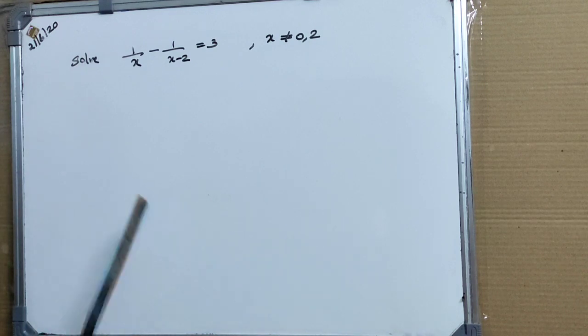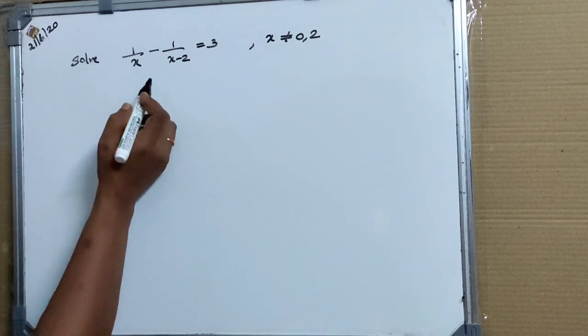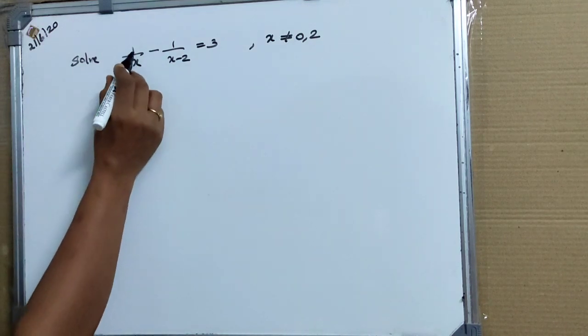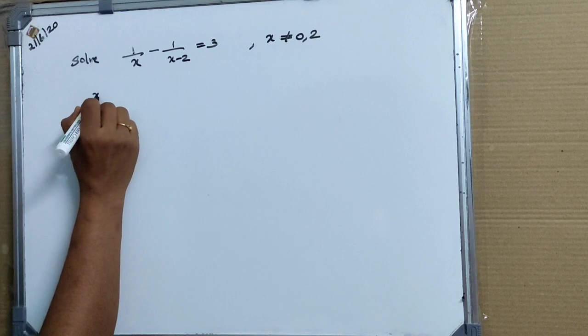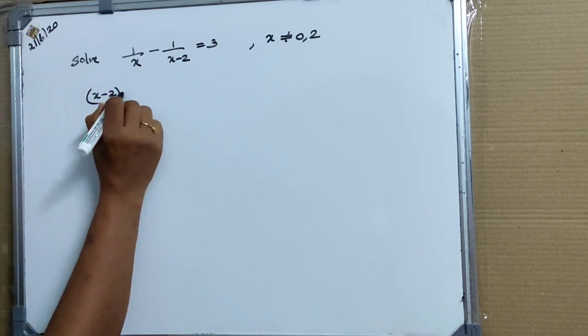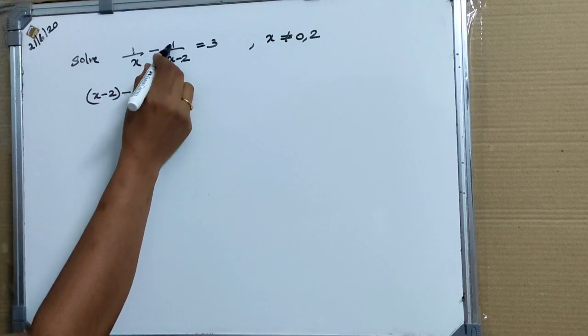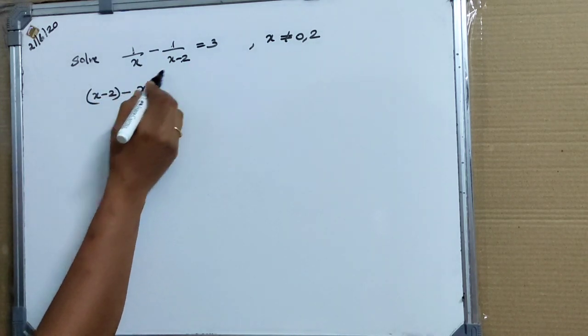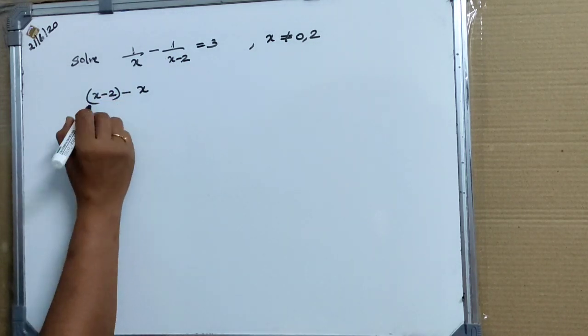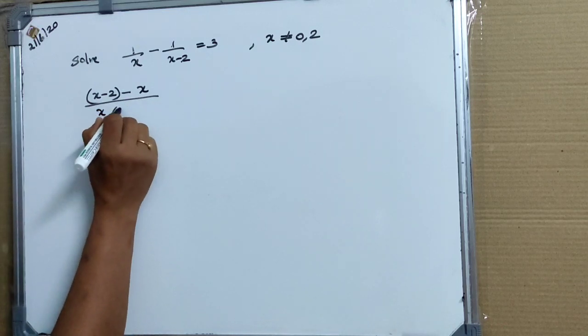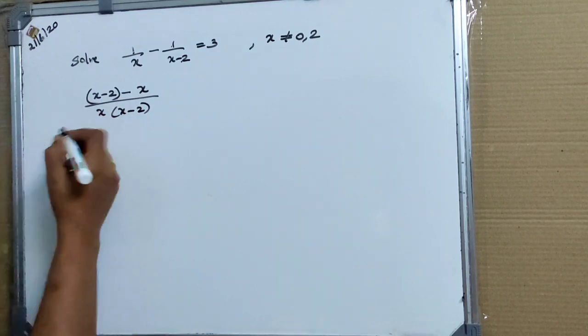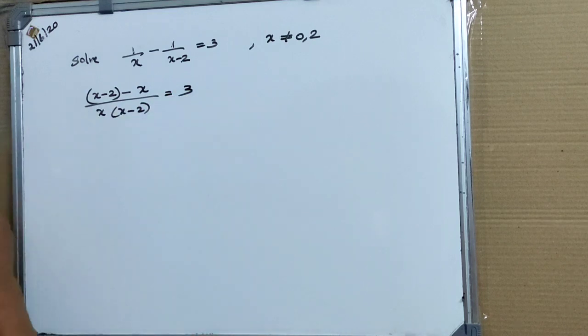Before that we have to arrange it in the standard form. How to rearrange in the standard form? Do the cross multiplication: 1 into x minus 2 minus 1 into x, by the product of the denominators, x into x minus 2, equal to 3.